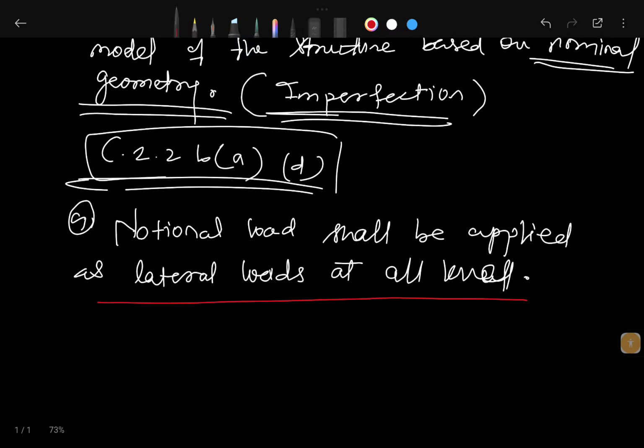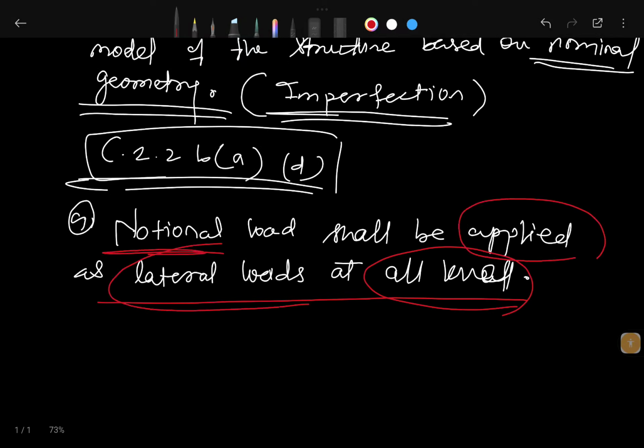Okay, this notional load actually they provide in lateral direction of structure.